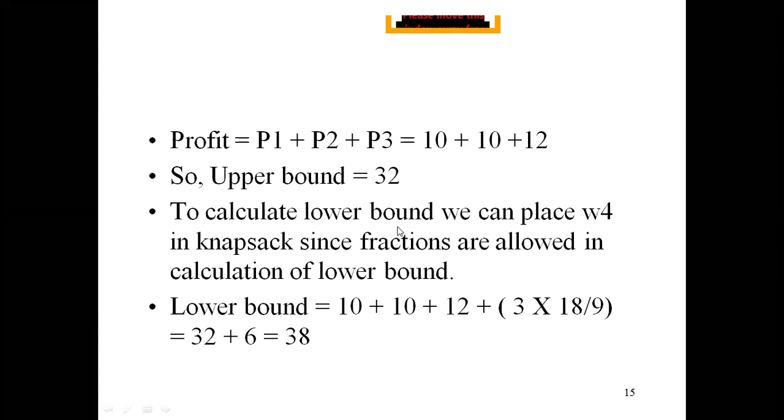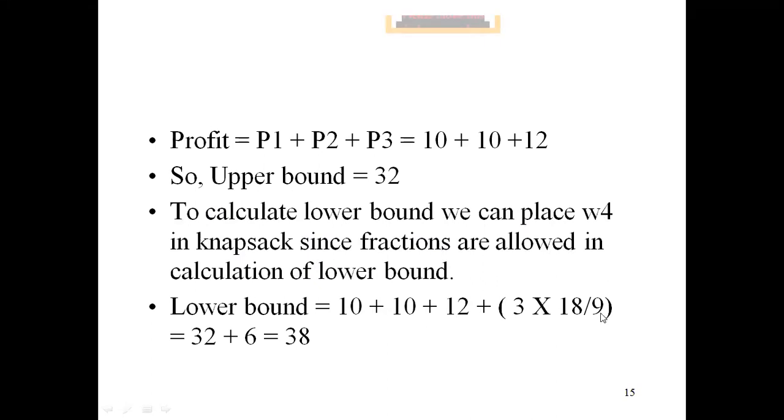To calculate the lower bound, we can place W4 in the knapsack, since fractions are allowed in the calculation of lower bound. In the case of lower bound, we can use fractions, but in the case of upper bound, we are not using fractions. So lower bound is equal to 10 plus 10 plus 12 plus 3 times 18 divided by 9.